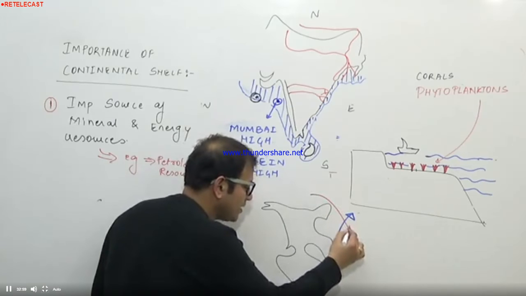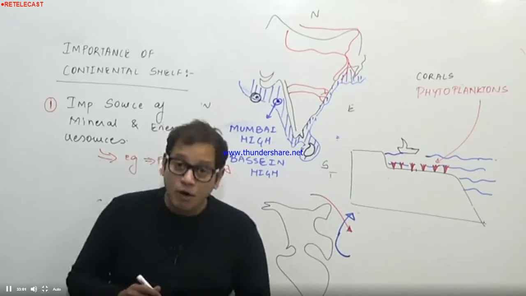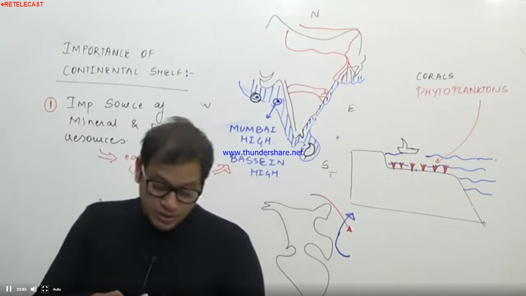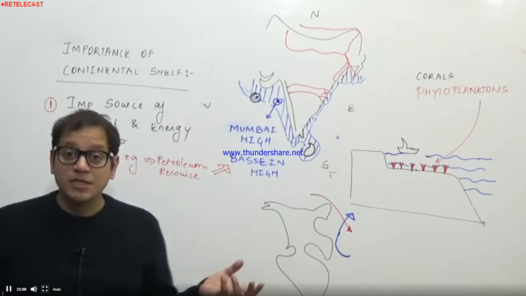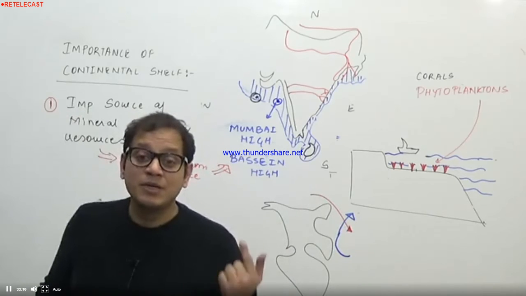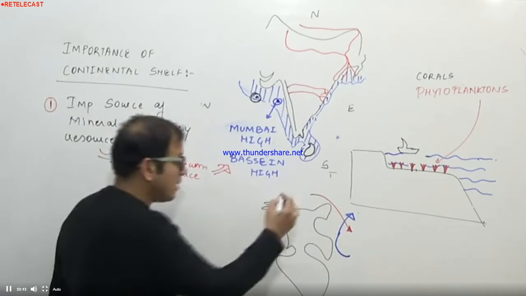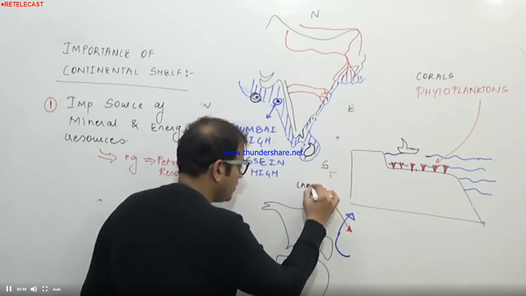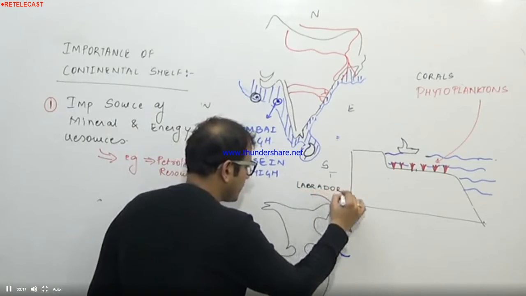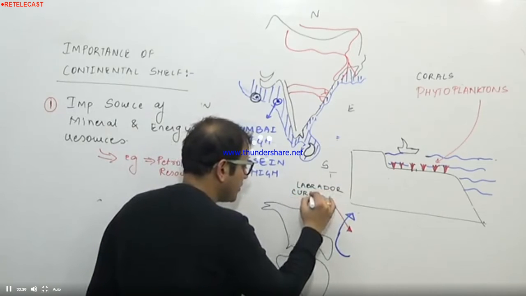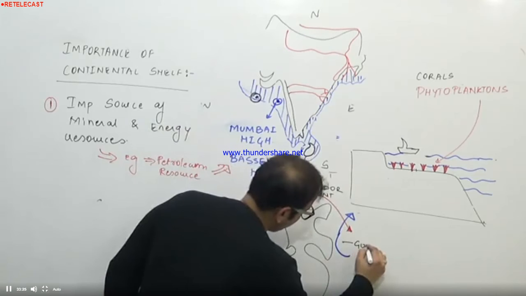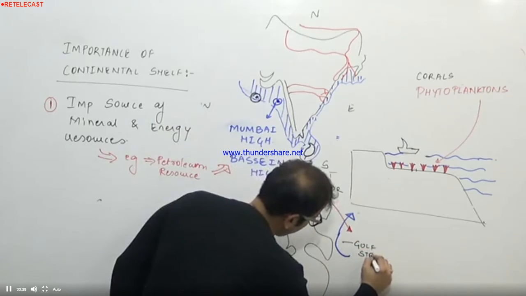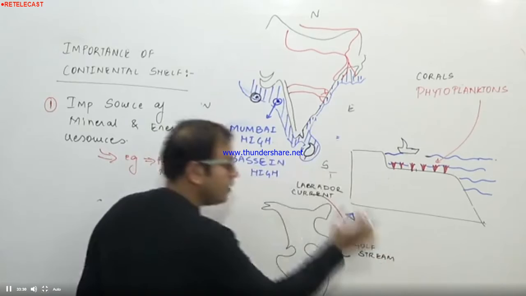So in this region, when there is a meeting up of cold and warm currents, though we have not done the ocean currents, but we have done the temperature inversion, and in that we had done the areas where the cold and warm current meet. This is a Labrador current, which is an example of a cold current. Why? Because it is coming from the polar region. This is a Gulf Stream which is coming from the equatorial region. It is an example of a warm current.